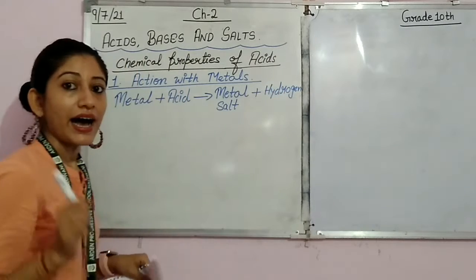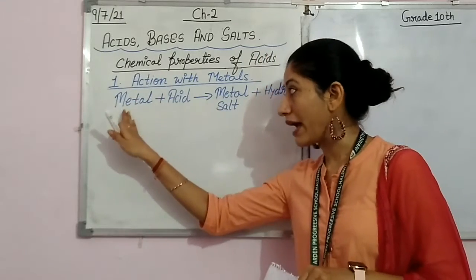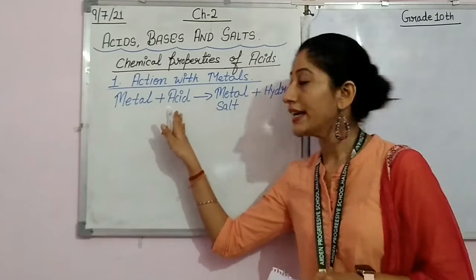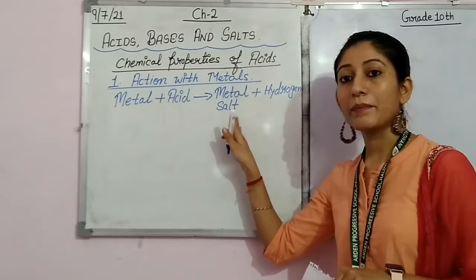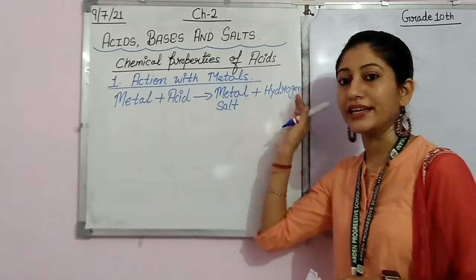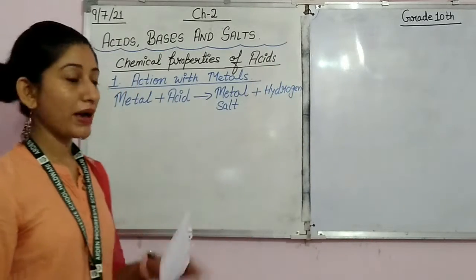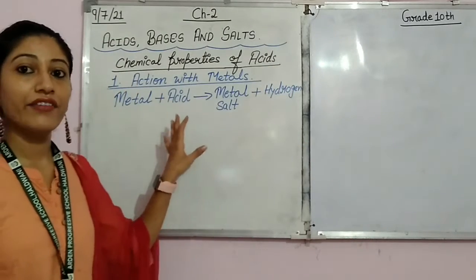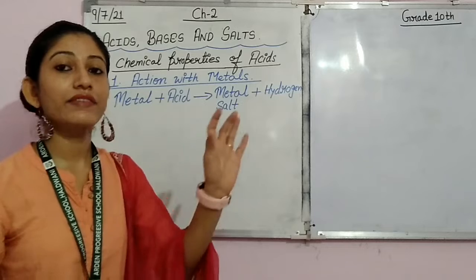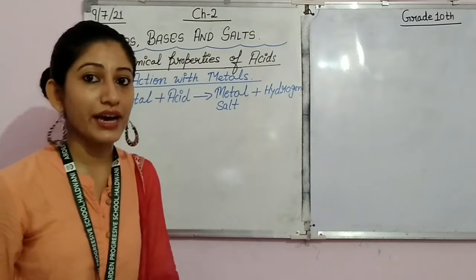Whenever we react a metal with an acid, we get a product in the form of a metal salt, and hydrogen gas is released. When you remember this, it will help you in solving the reaction every time.